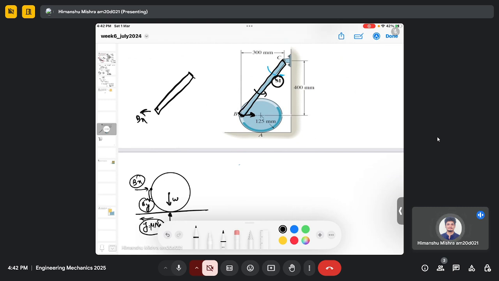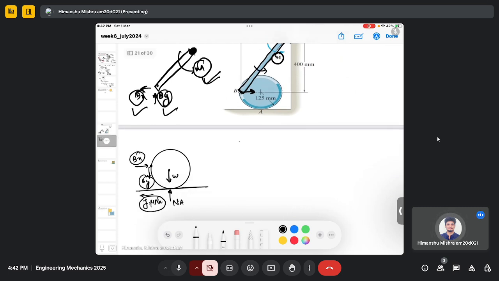If I take a moment along this point, then I can consider this moment in the equation, and the moment due to these forces. Then I can calculate this moment. But in order to do that, we first need to calculate Bx and By. So to calculate Bx and By, we first consider this system where we consider a disk.